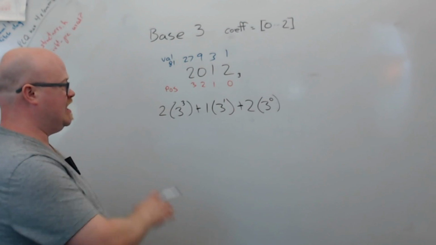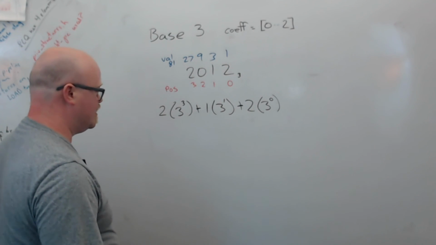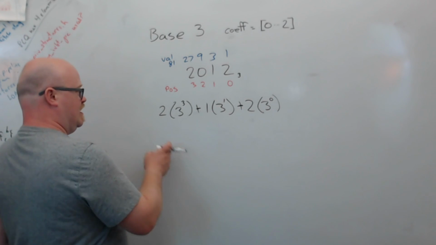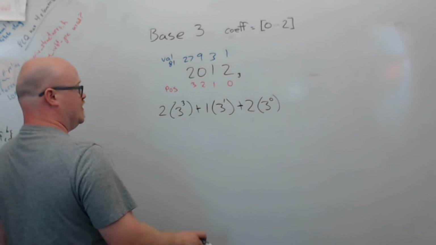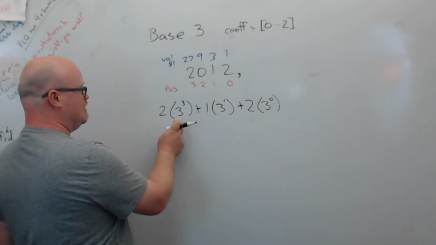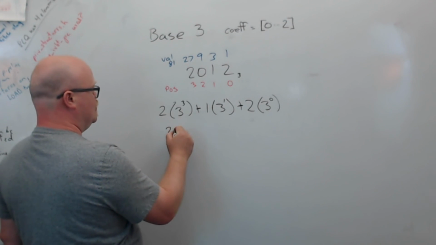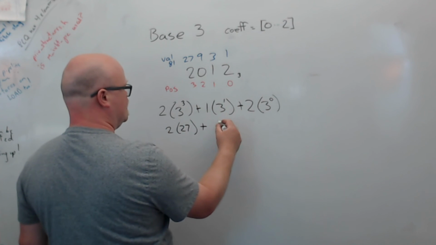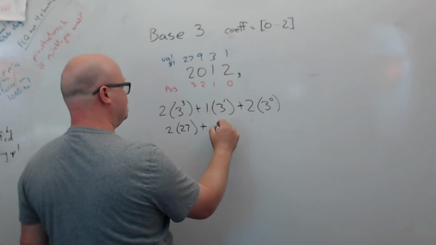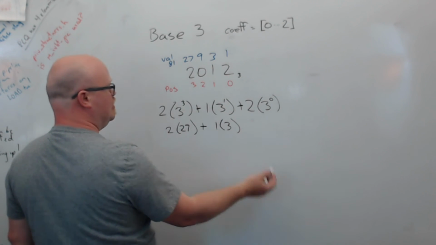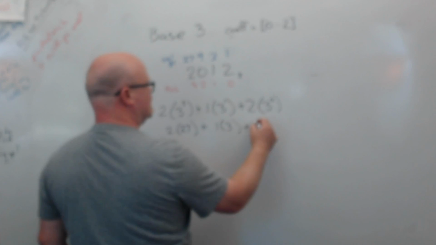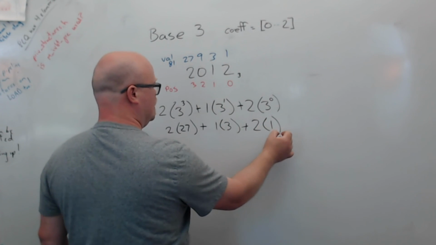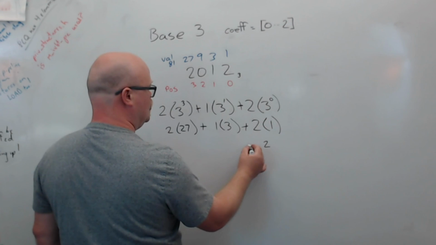Right. And we could take that further to figure out its decimal equivalent by just applying everything here. So for this value, this is really 2 times 27 plus 1 times 3. Well, I'll write it out. 1 times 3 plus 2 times 1. So this is really 2.